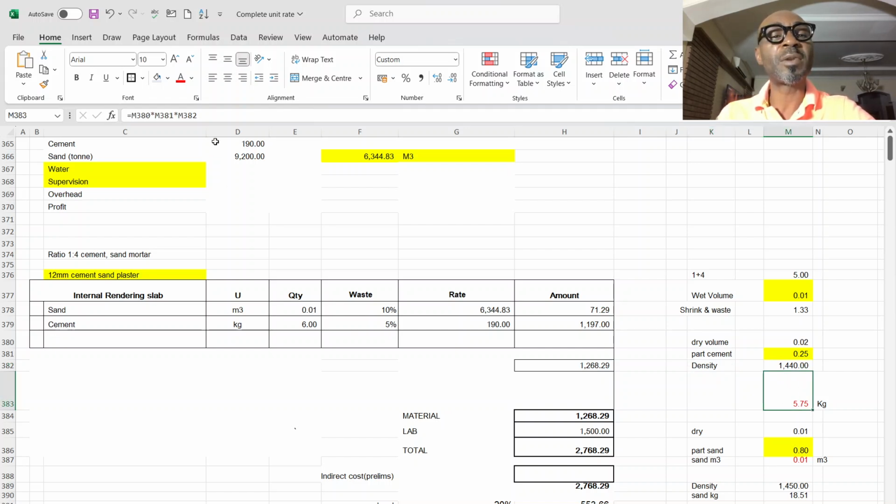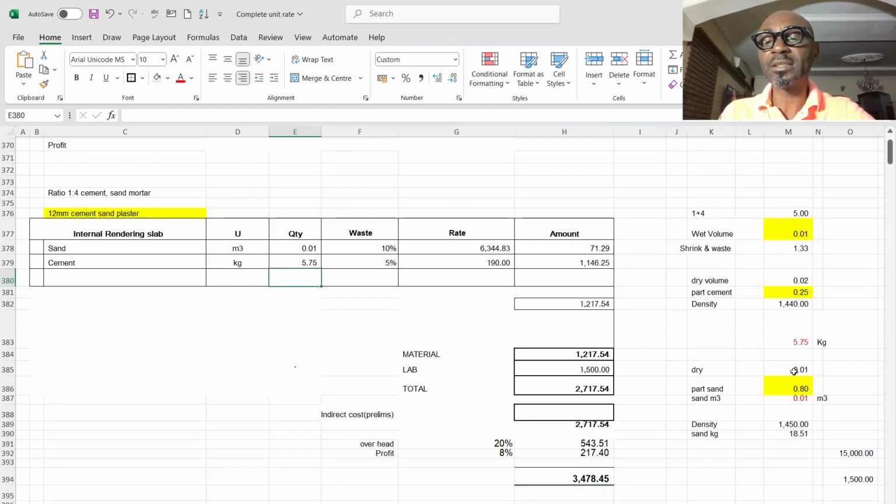So by the time you multiply the dry volume by the part of cement by the density, you have 5.75 kg of cement for the 1 square meter of plaster.